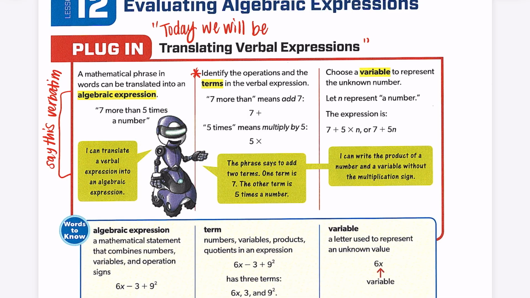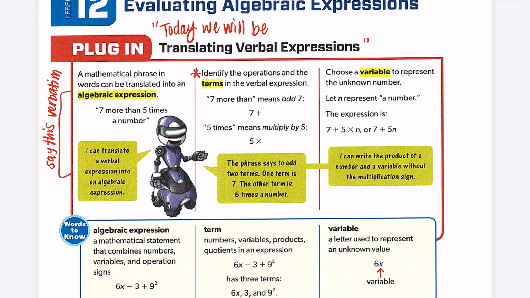In order to translate this mathematical phrase in words to an algebraic expression, we need to first identify the operations and the terms in the verbal expression. So we're going to break it down into parts. First, focusing on 7 more than.